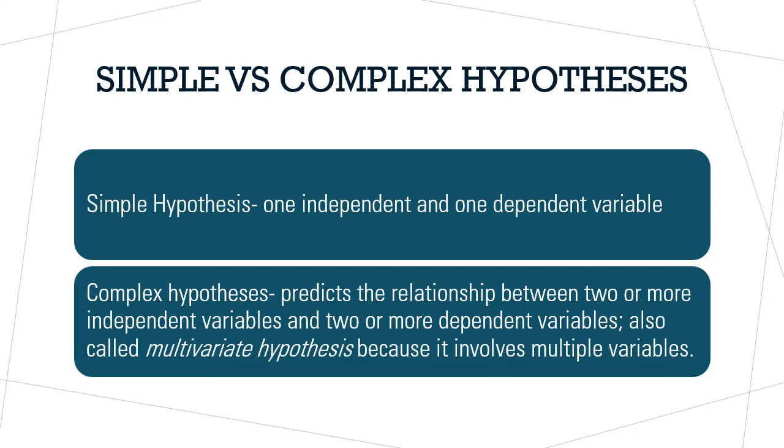When I talk about complex hypothesis, there are many: two or more variables. That's why it's referred to as a multivariate hypothesis. For example, there is no significant relationship between the amount of milk, the type of milk, the temperature of milk, and the weight of the child.